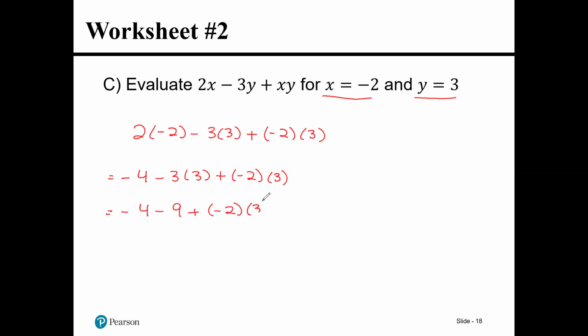I'm just doing multiplication and division going left to right. Now we have -2 times 3. A negative times a positive is a negative, so we get -6. Now doing addition, going left to right, -4 minus 9 is -13. -13 minus 6 is -19.